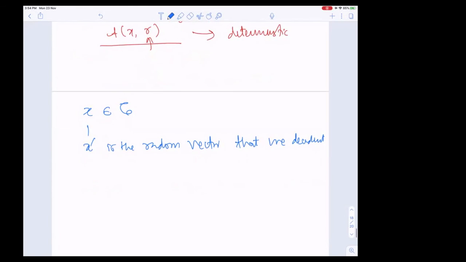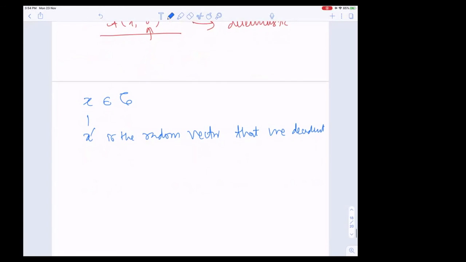Let Y_{X,i} be the indicator random variable that says that the ith bit was decoded incorrectly.